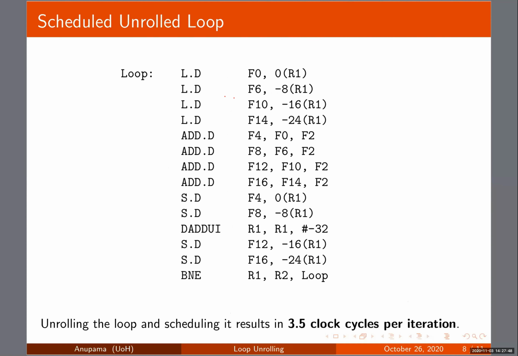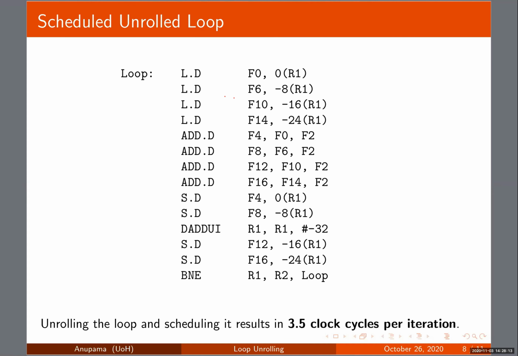Now, by doing a different scheduling, with all adds coming together, because by the time the add instruction comes into the pipeline, the load corresponding to it would have finished anyway. So there need not be a stall. And between add and store, you have 2 stalls.